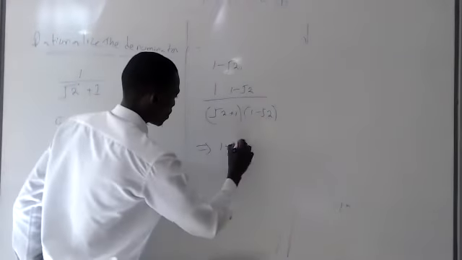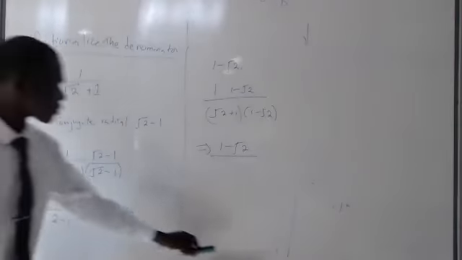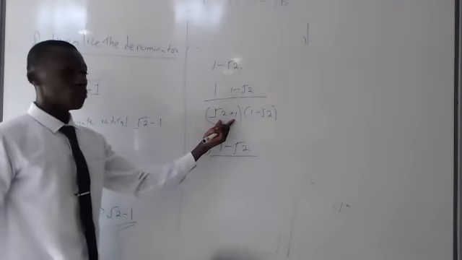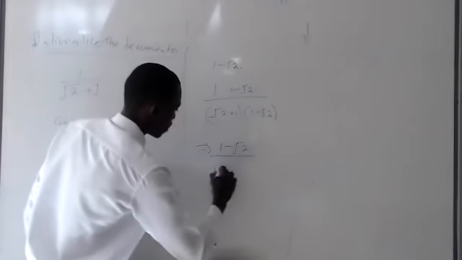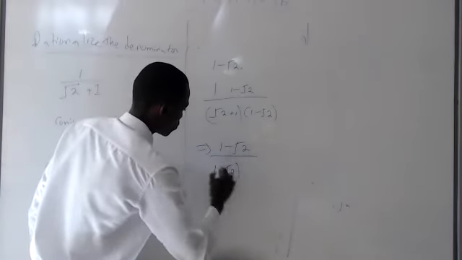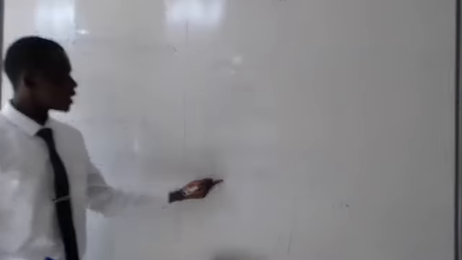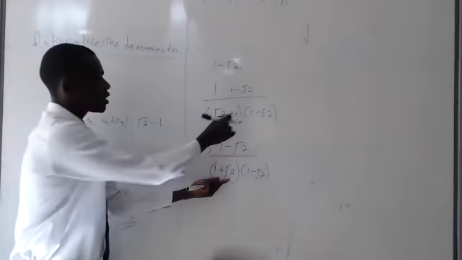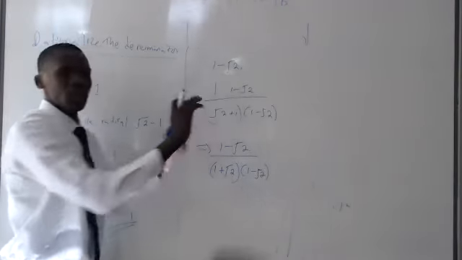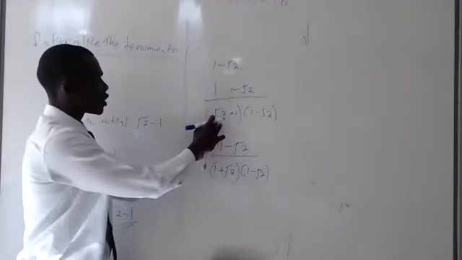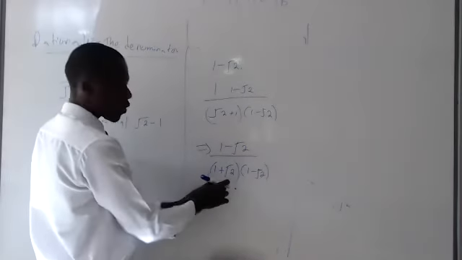We just have 1 minus root 2. What do we have in the denominator? Addition is commutative, so I can write root 2 plus 1 as 1 plus root 2, and then times 1 minus root 2. In this step I've not done anything, I've just changed the order because I know addition order does not matter. Then now this looks like a difference of squares.